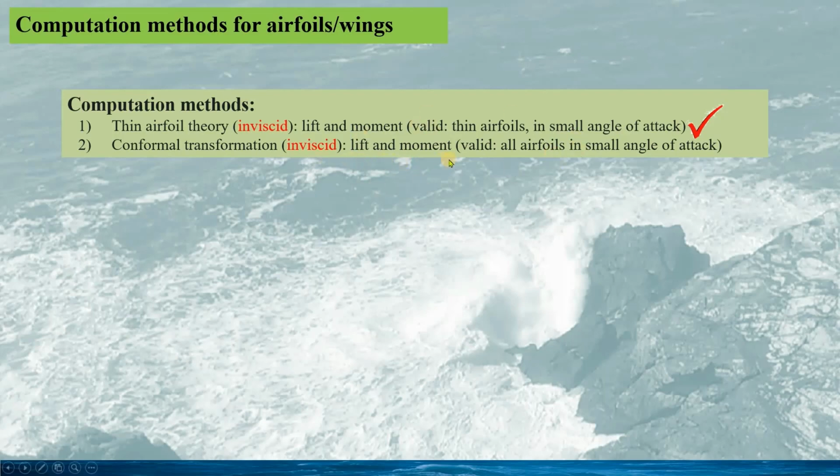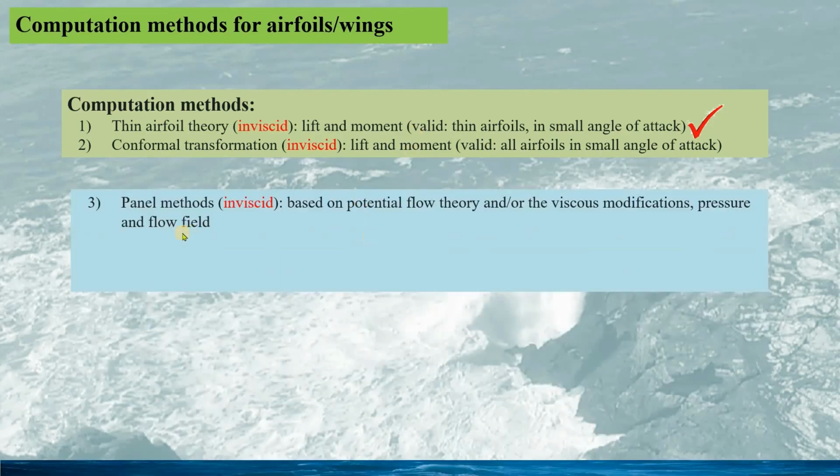These two methods were developed in the 1920s and 1930s when computers were not available. Now we have the panel method for inviscid flow. Panel methods are based on potential flow theory, and in some cases, the viscous modification would be provided. This is good for the pressure and flow field.